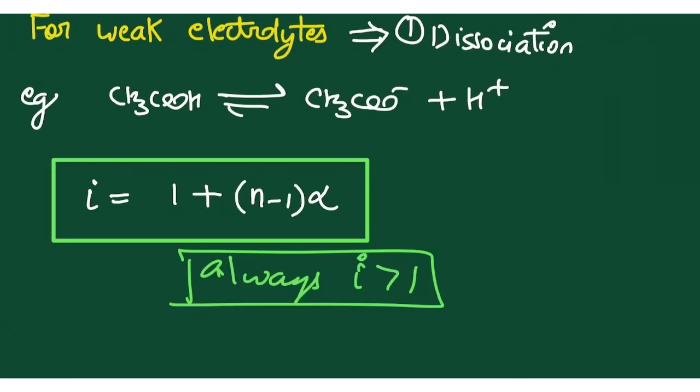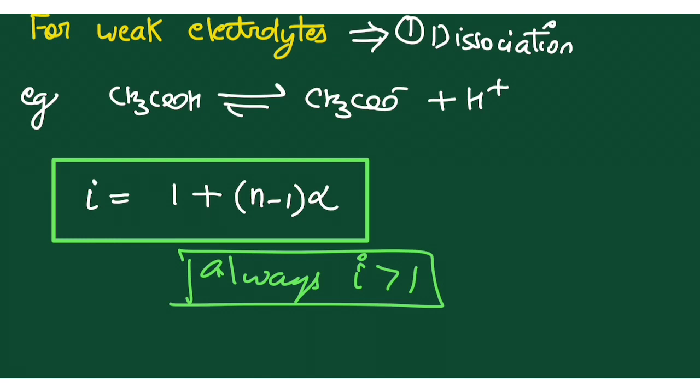If it is a weak electrolyte, then it is the case of dissociation. Always i will be greater than 1 and the formula for i is i is equal to 1 plus (n minus 1) into alpha, where n is the total number of ions. Say here it is 2: 1 is the anion, 1 is the H+. Clear?